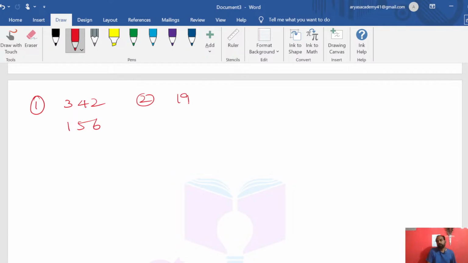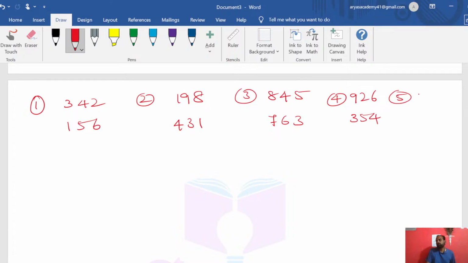Second question is 198 multiplied by 431. Third question is 845 multiplied by 763. Then fourth question is 926 multiplied by 354.